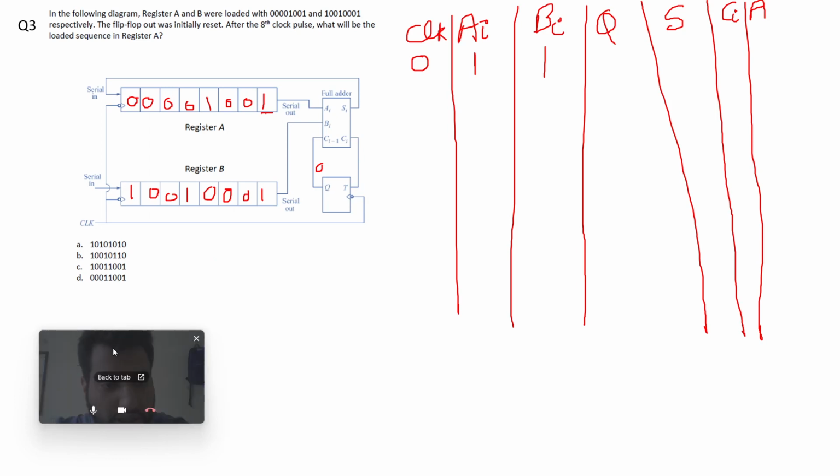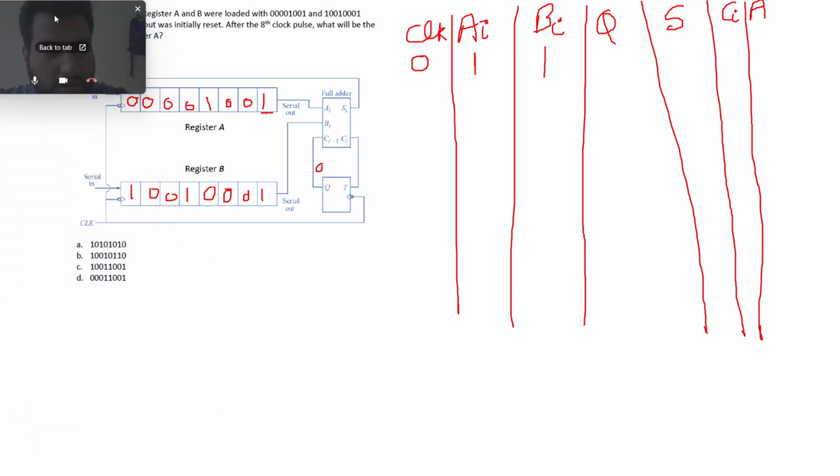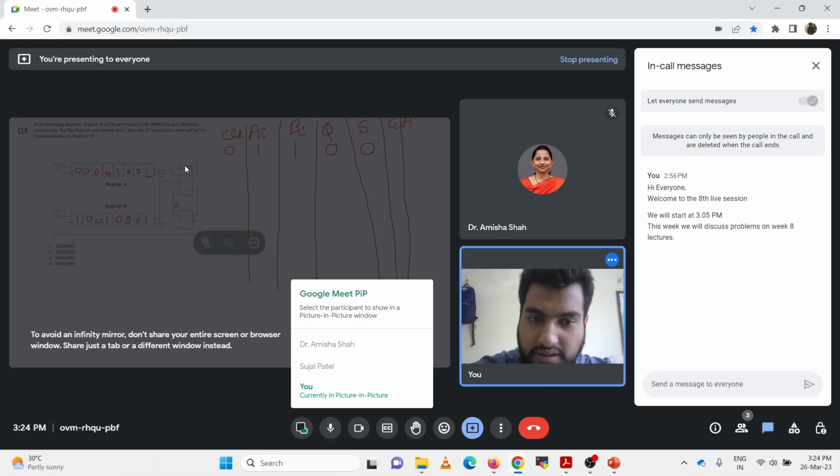Now we need to find out the output after the 8 clock cycles. What will be the loaded sequence in register A after 8 clock cycles? So initially we'll mark it as clock 0. My AI will be 1, my BI will be 1, my Q will be 0 as given in the question, my SI will be 0.